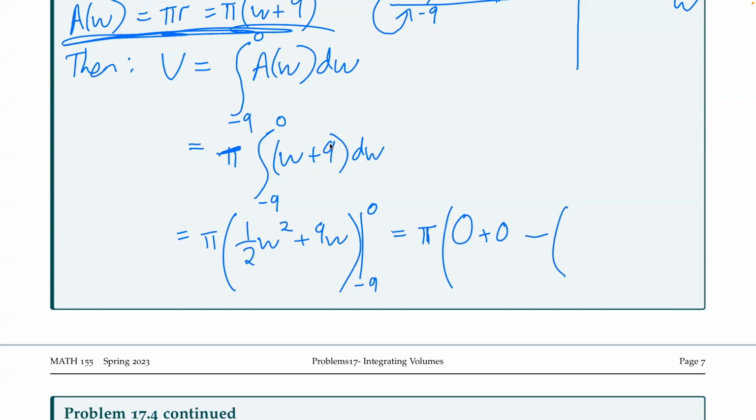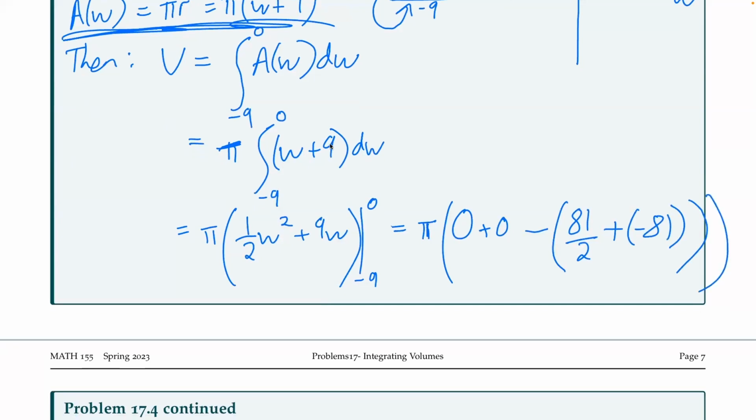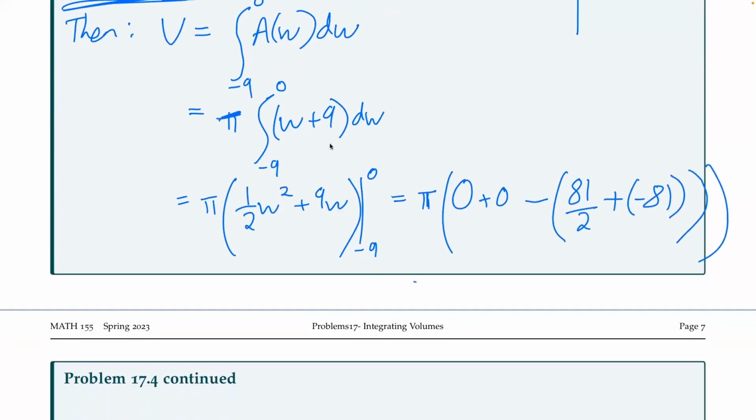So W for our second part is going to be -9. So -9 squared is 81, divided by 2, plus 9 times by -9. So plus minus 81. Which gives us 81 pi over 2 feet cubed.